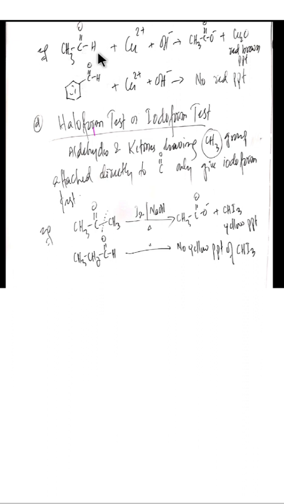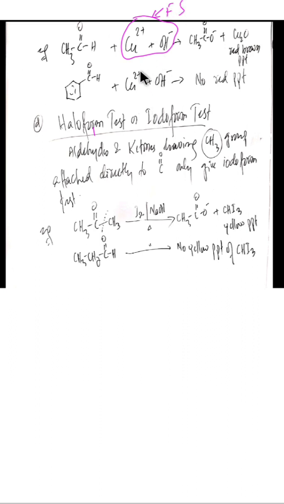When this aldehyde is reacted with this copper 2+, which is from copper sulfate, along with this OH minus ion, this is from Fehling solution B, alkaline solution of potassium sodium tartrate. So simply we write OH minus ion with copper 2+. This is our Fehling solution.